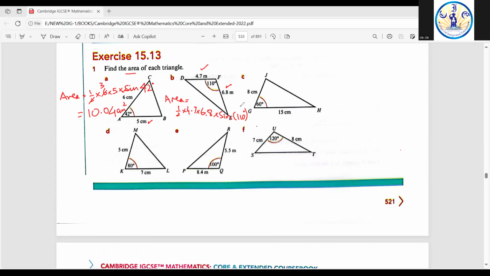So let's calculate that. 0.5 for half, then 4.7 times 6.8 times sine 110 degrees. The answer is 15.016.